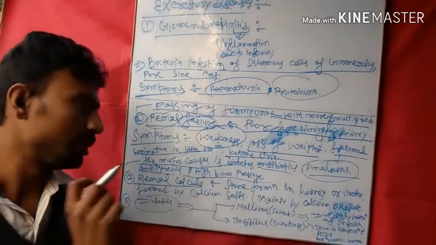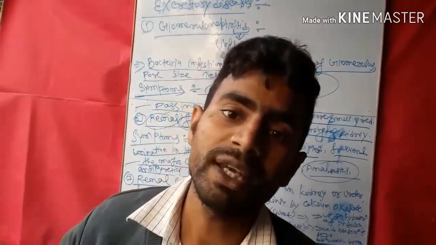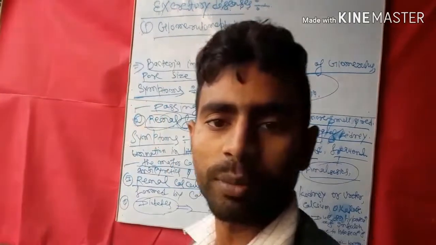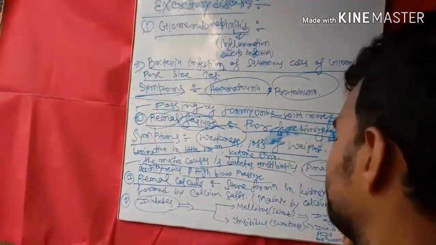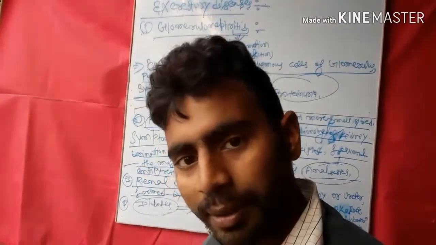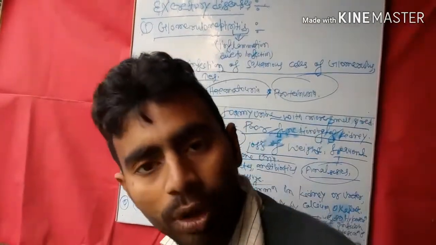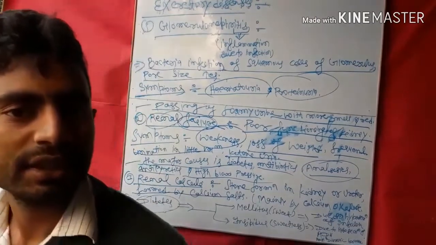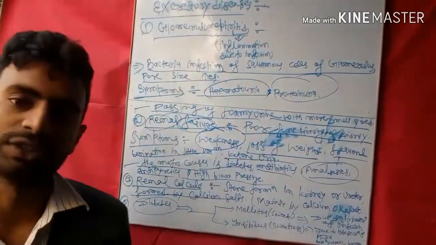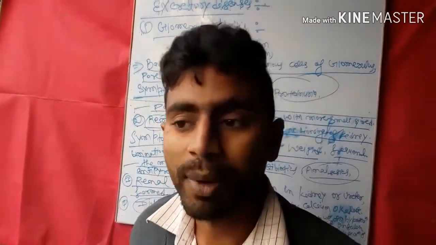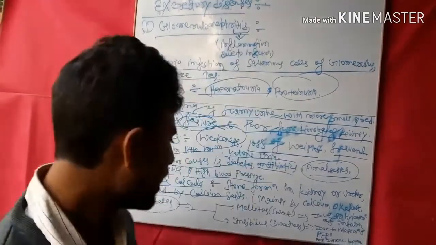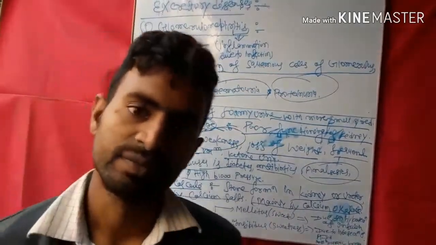Renal calculi means stone formation in the kidney or ureter, formed by calcium salts. Mainly the salt is calcium oxalate.